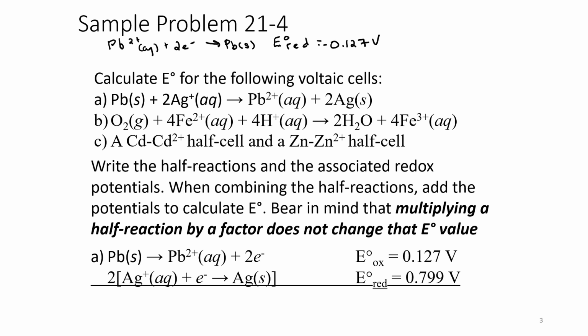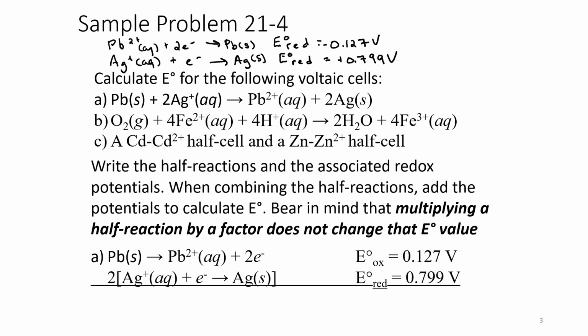And I'm going to look up the silver, and when I look that up, I get silver cations plus an electron producing solid silver, and the E naught reduction for that is equal to positive 0.799 volts.